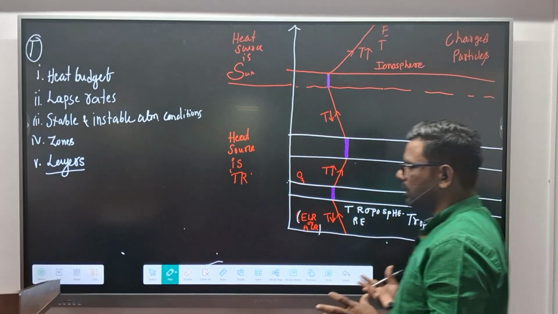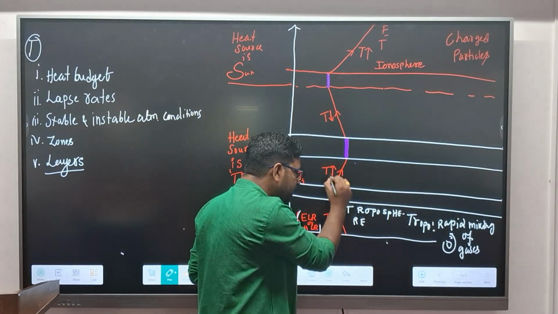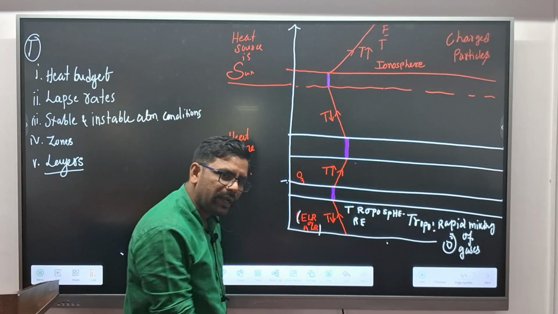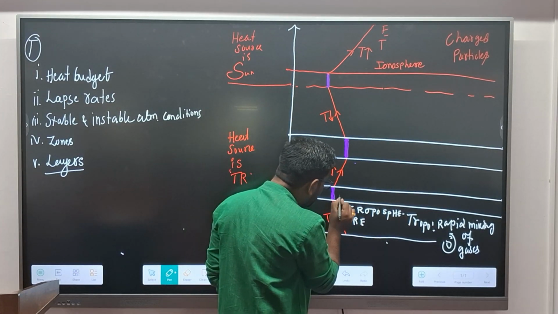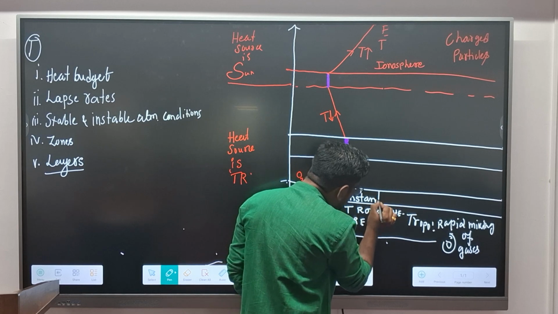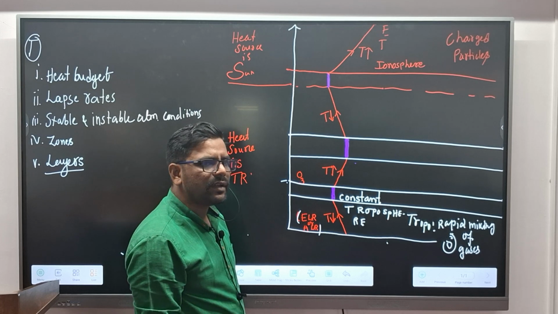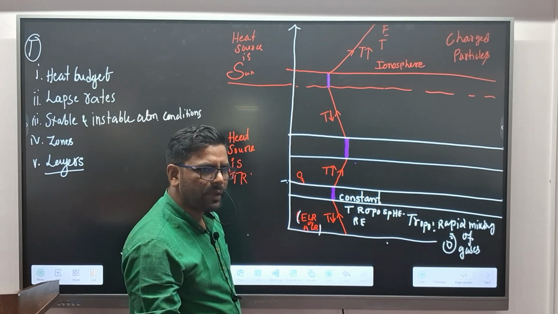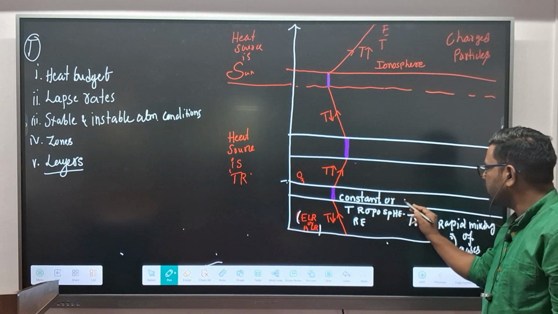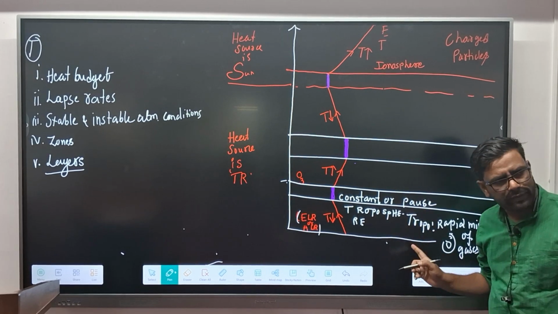And after this, as I told you, now tell me, what is happening here? Temperature is decreasing. But when it reaches this point, the temperature becomes what? Constant. Getting my point? Constant has another synonym, pause. So pause of what? Tropo.